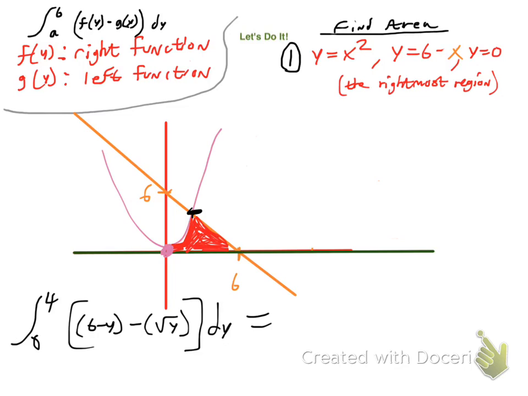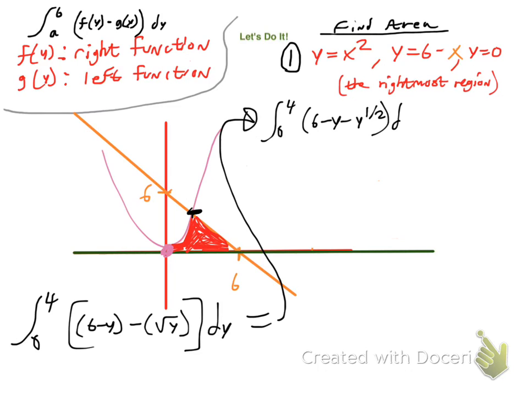Okay, so when we try to evaluate this integral, first of all, this is 0 to 4, 6 minus y minus the square root of y, which we should write as y to the half, dy.